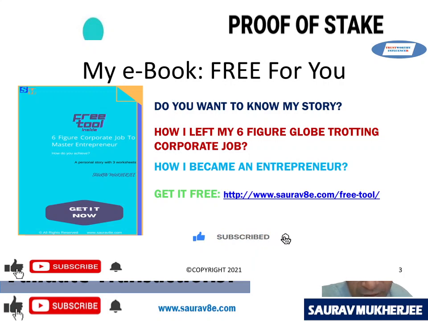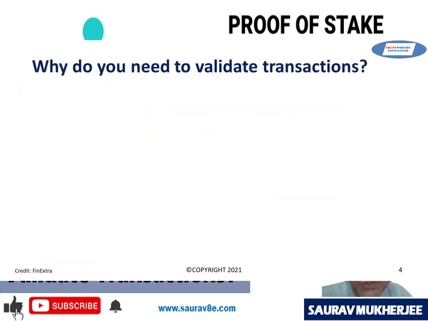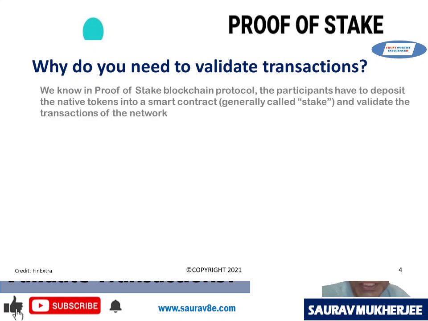Now let's talk about proof of stake and transaction validation. So why do we need to validate transactions? That's point number 1. We know in the proof of stake blockchain protocol, the participants have to deposit the native coins into a smart contract, generally called stake, and validate transactions of the network.